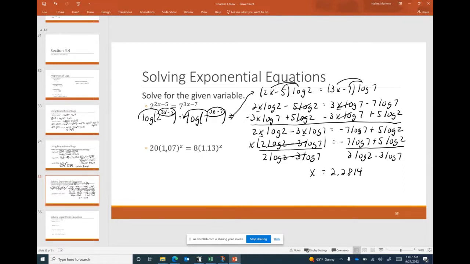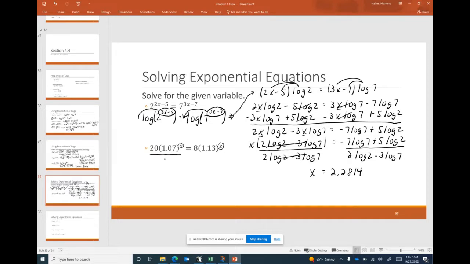Because I cannot take the log of both sides if I have coefficients there. So what else might I do? Well, when I look at this, I can see that the exponents happen to be the same. Since the exponents are the same, then maybe I could divide both sides by one of the exponential expressions and combine them.